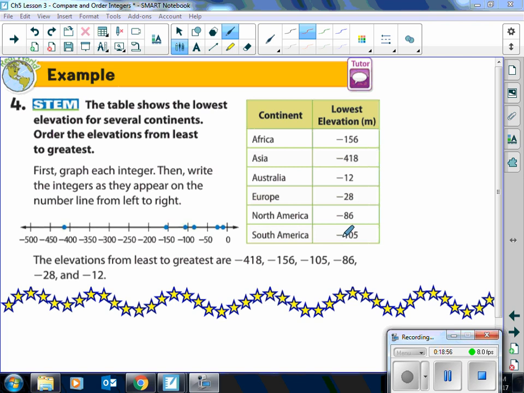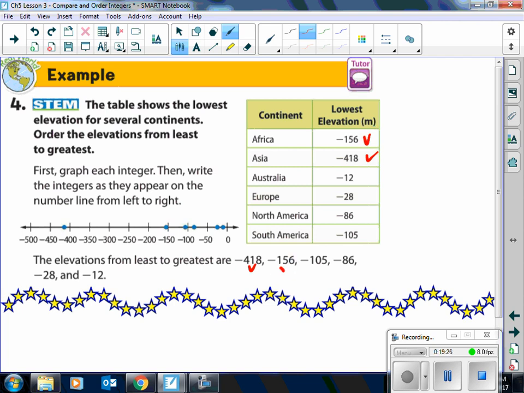The rule is the bigger the number, the smaller the value, right? So which one's the biggest number? 418, right? So that's the smallest. You with me? What's the next biggest number?